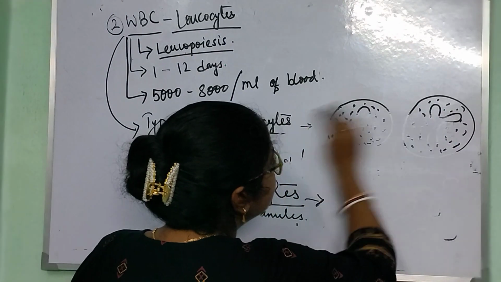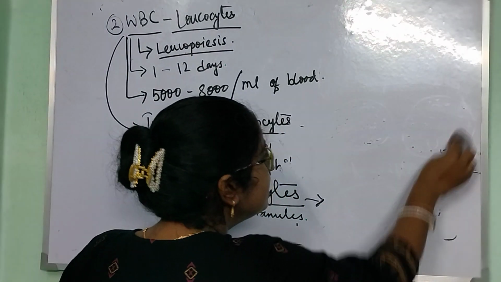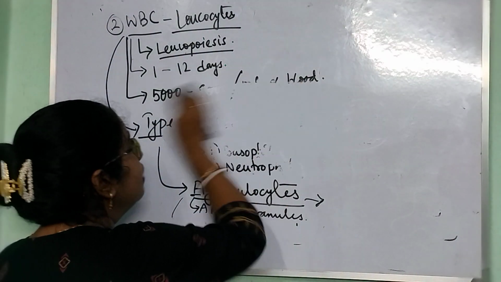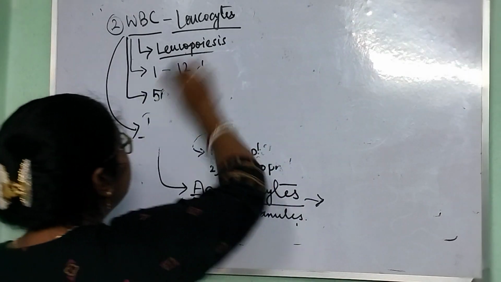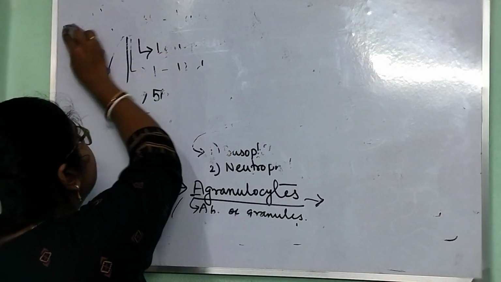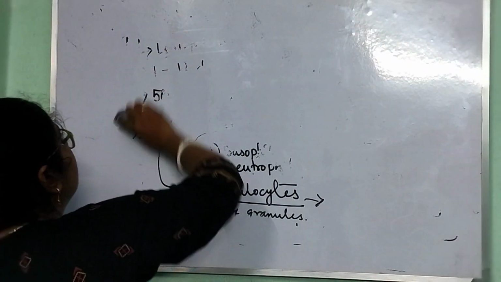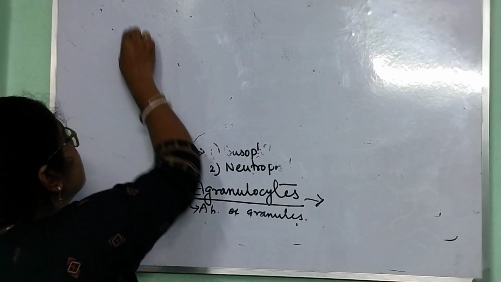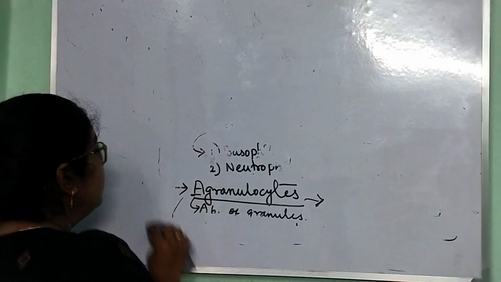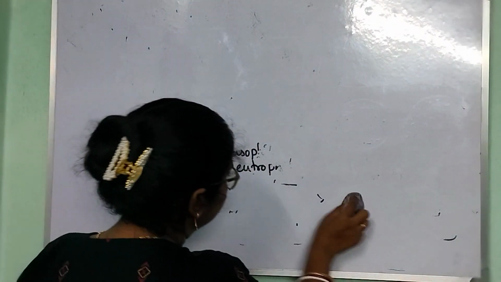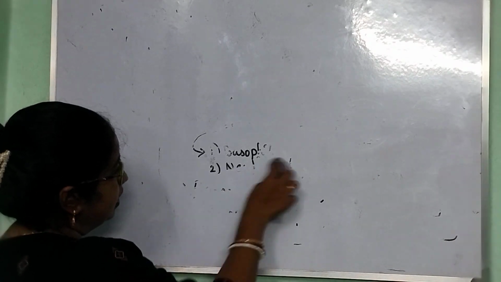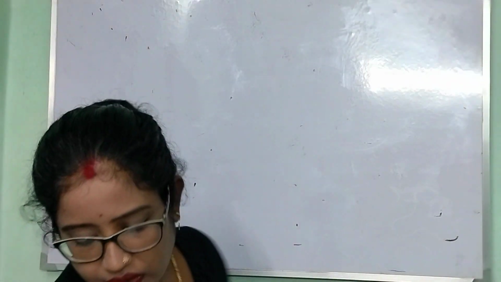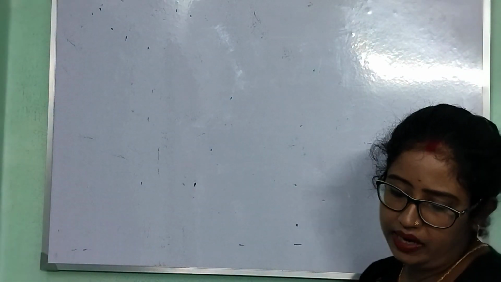Next, we discuss the last blood corpuscle, the platelets. Platelets are basically cell fragments that are produced in bone marrow. Platelets help in the process of blood clotting, and they are also known as thrombocytes.